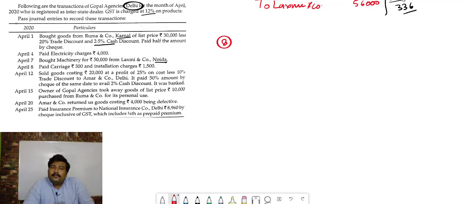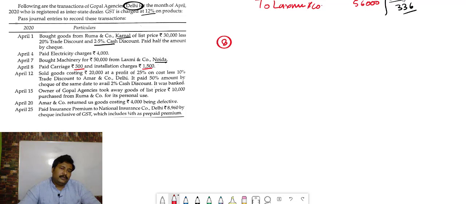As you can see, we purchased the machine on 7. And before its installation, whatever amount is paid on that machine will be recorded with the name of the machine itself. So, bacha, we paid a total on machine expenses of 500 plus 1,500, total 2,000 rupees.